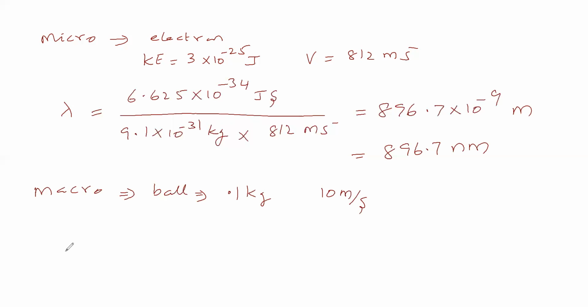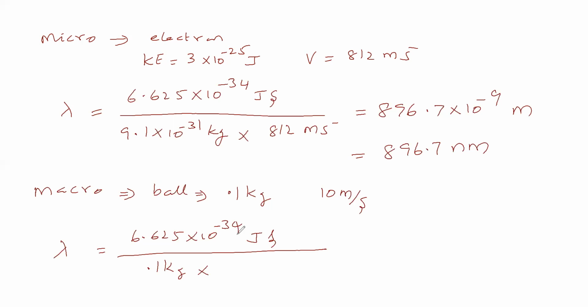Now we will take this lambda. We will substitute the h value. Then we will substitute m, the mass. Mass of which body? Here we considered the ball. For the ball, the mass given is 0.1 kilogram. Then we will substitute the velocity of the ball, which is 10 meter per second when it is moving.